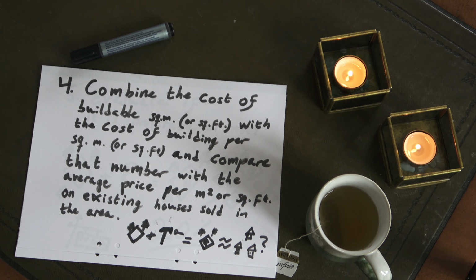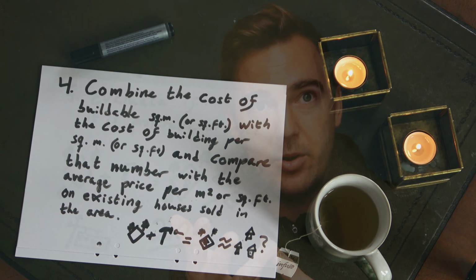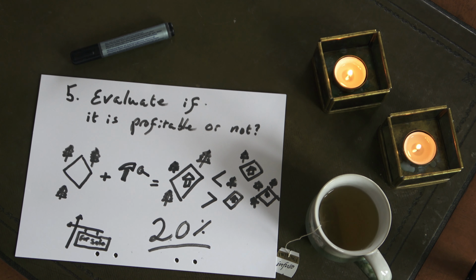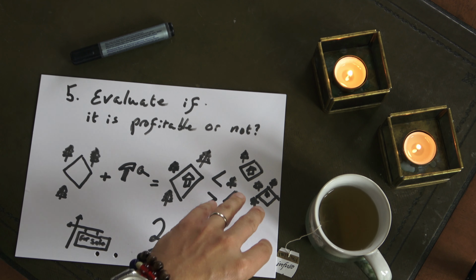Step 4, add those two numbers, the cost per square foot of buildable land with the cost of building per square foot or square meter, and compare that number to the properties that have been sold in the surrounding areas. And then number 5 is to evaluate if the deal is good enough, and you do that by looking for a profit margin of 20% or more.